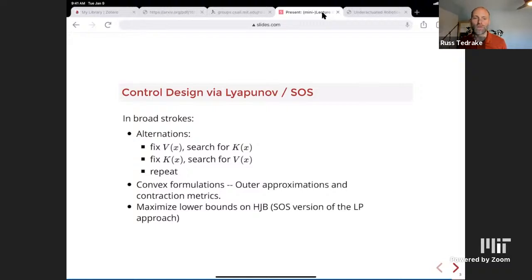I do think the tools are, so when my group started working on this, we had the luxury of having Pablo upstairs, and it took years, I would say. There's a difference between when people like Pablo write papers about sums of squares and come up with examples, and they write the perfect formulation, and they hand this beautiful thing to the solver, and the solver just cruises through it.